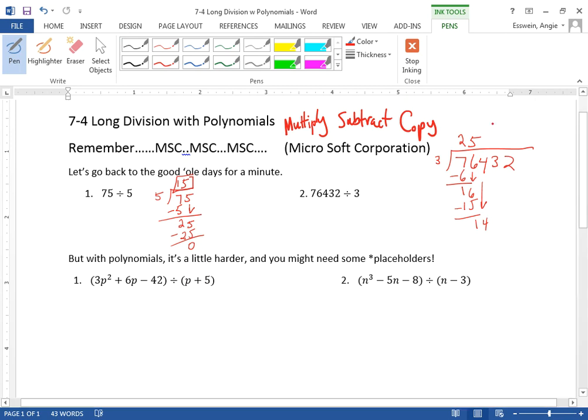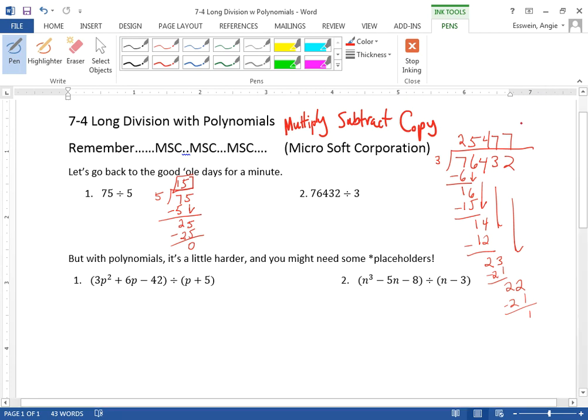If you've really got to do your bookkeeping carefully, you'll end up having to do it again. 4, 12, subtract, copy. And then what do we have here? 7, subtract, and copy. So we're going to do the last time, and you get 7, subtract. Now the remainder is 1.